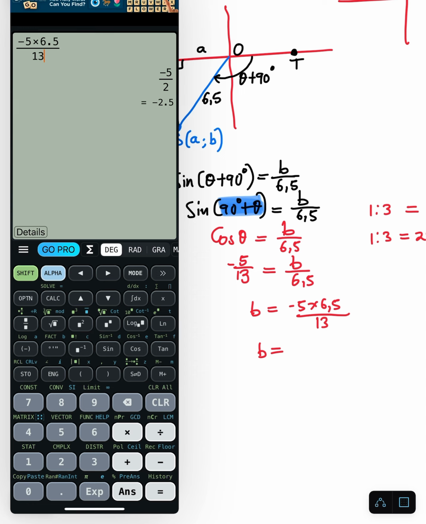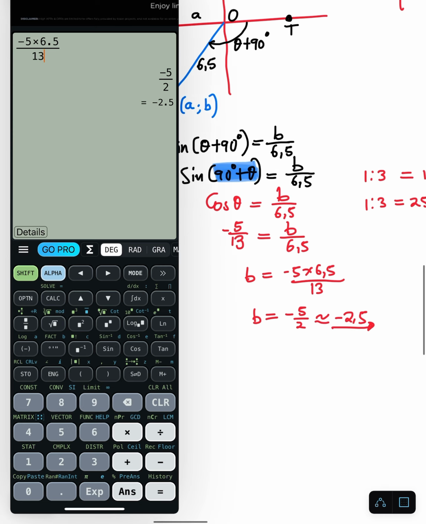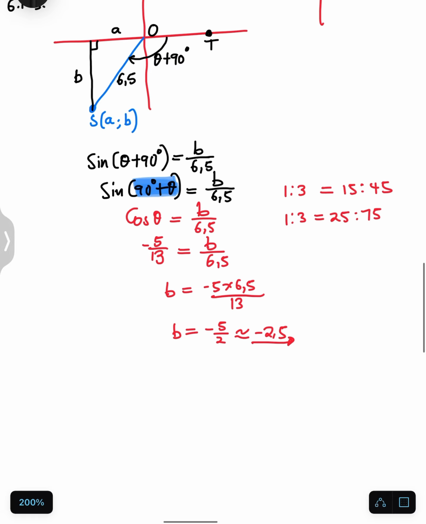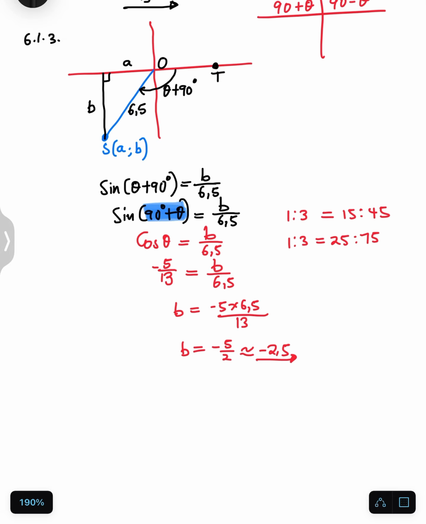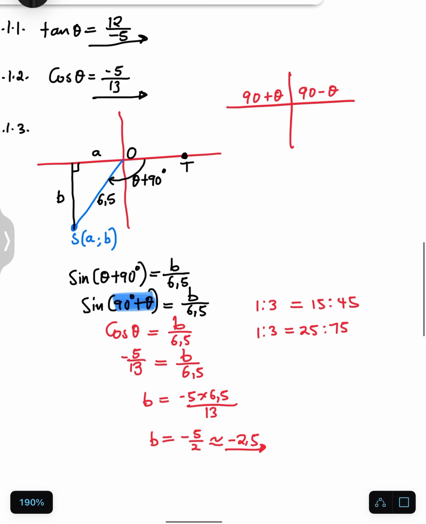That gives you -5/2, or if you write it as a decimal, -2.5. You can keep it as a fraction or as a decimal. That would be the answer for 6.1.3.